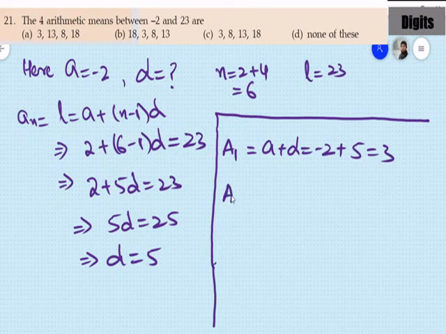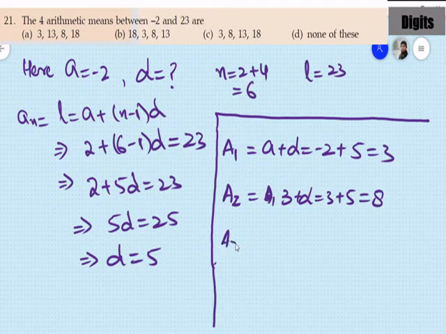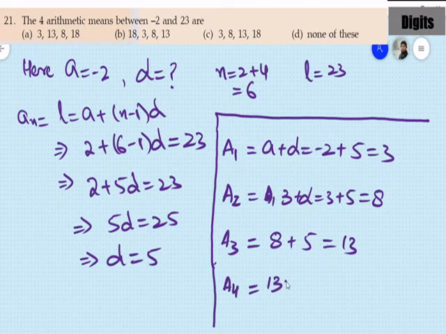Now the second arithmetic mean, if I write it A2, it will be equal to the first arithmetic mean plus the common difference D, which is 3 plus 5, which is equal to 8. Now the third term, I can say it's 8 plus 5, which is equal to 13. Again, the fourth arithmetic mean will be 13 plus 5, which is 18. Therefore, the four arithmetic means are 3, 8, 13, 18. Therefore, option C is the correct option.